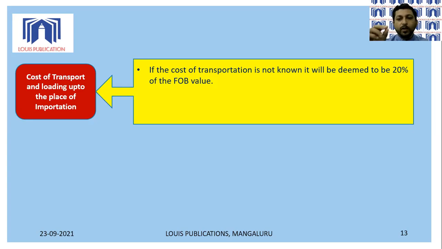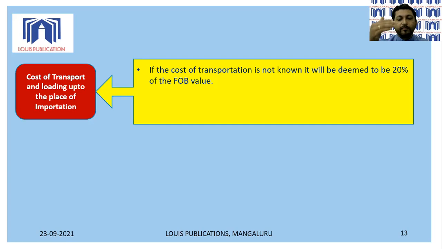But now, after the goods are released from the customs authority at Mangalore port, if the goods are to be transported, say, from Mangalore to Bangalore, which is nearly 350 kilometers, such cost of transportation internally, once the foreign goods reach the port of the importer, is not to be included in the assessable value.